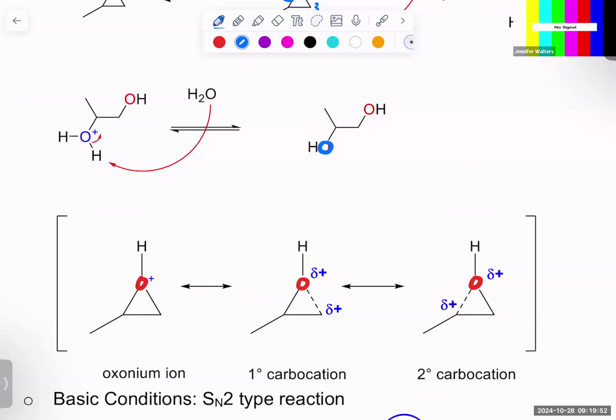Because that is going to make it more favorable, that is one way to think about how that is the more electrophilic side. The reality is that you don't actually make a carbocation, so it's just using the carbocation mentality to try to rationalize it.